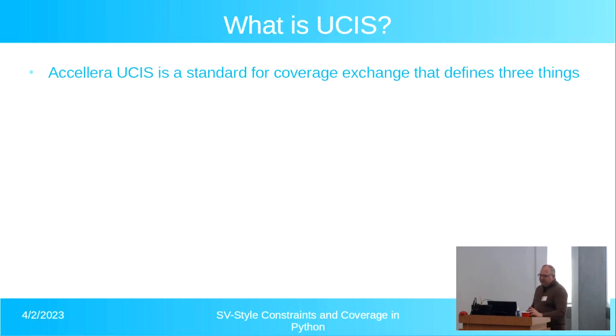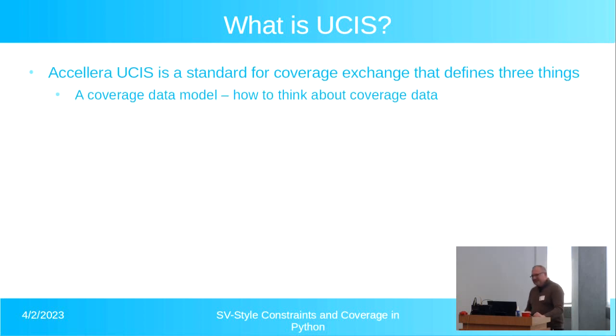So what is UCIS? Well, Accellera is a standards body, and they got a bunch of people together to define a coverage model. Once upon a time. This was a while ago, but not that long ago. Their standard defined three things. It defined a coverage data model: how do you think about coverage data? What should be there? What should be tracked? How is it related? How is coverage related to a test, for example?